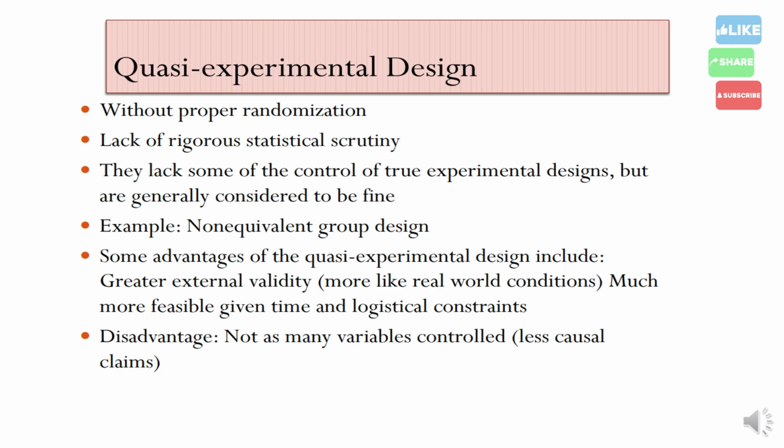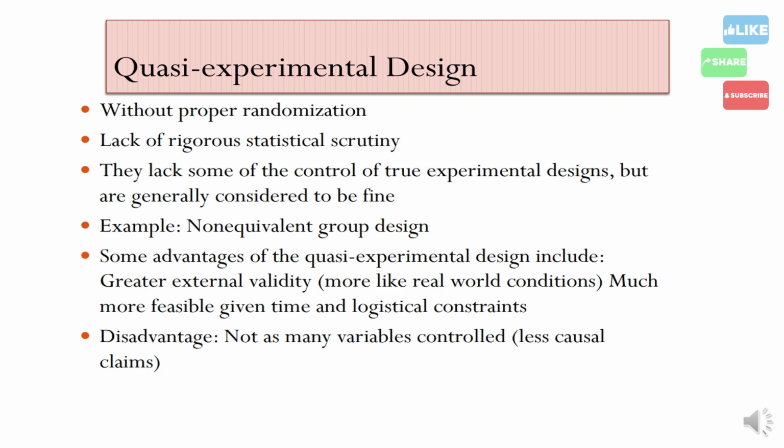Now we have quasi-experimental design, that is without proper randomization, lacking rigorous statistical scrutiny, and lacking some of the control of the true experimental design, but generally considered to be fine. An example included the non-equivalent group design.